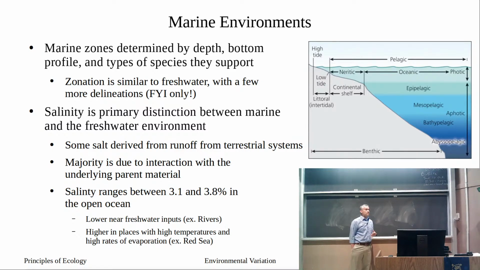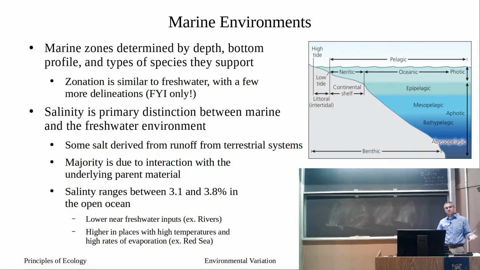The water interacts with the soils, and as it runs off and runs into aquatic systems, perhaps in aquifers, it dissolves and takes up minerals, and then those minerals and salts ultimately get to the ocean. All right, so you do get some salts from terrestrial runoff. Majority of that salt, though, is due to interactions of the water with the underlying parent material.